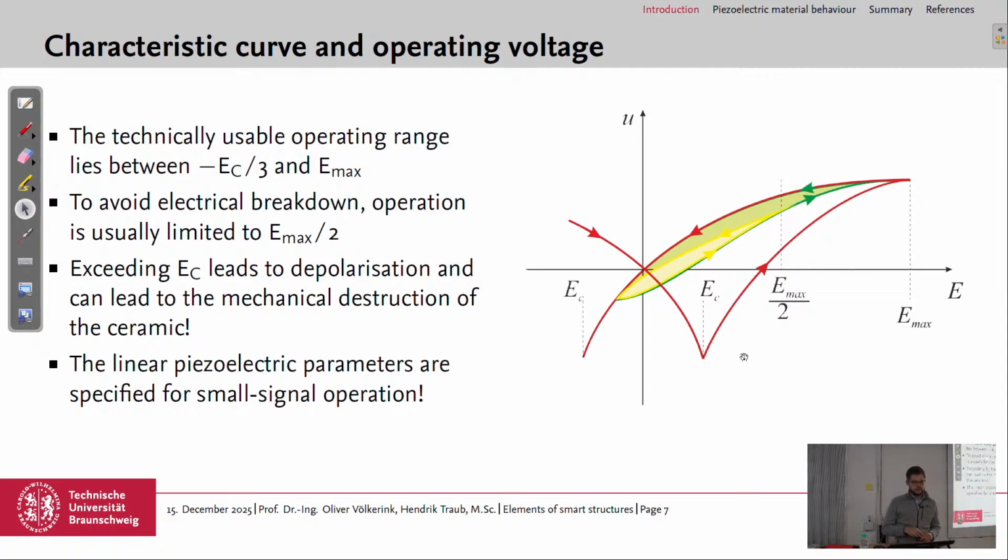It's just defined by the user, so to say, to have a safe distance from this Emax point, because if you go to Emax or above, you could break the piezoceramic, and to not have any risk in operation, you want to stay away from Emax, and therefore you define this limit of Emax divided by 2.